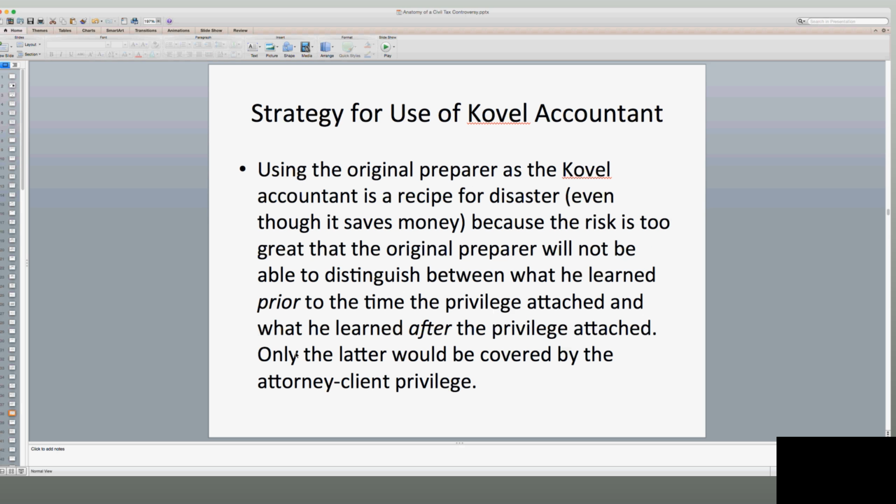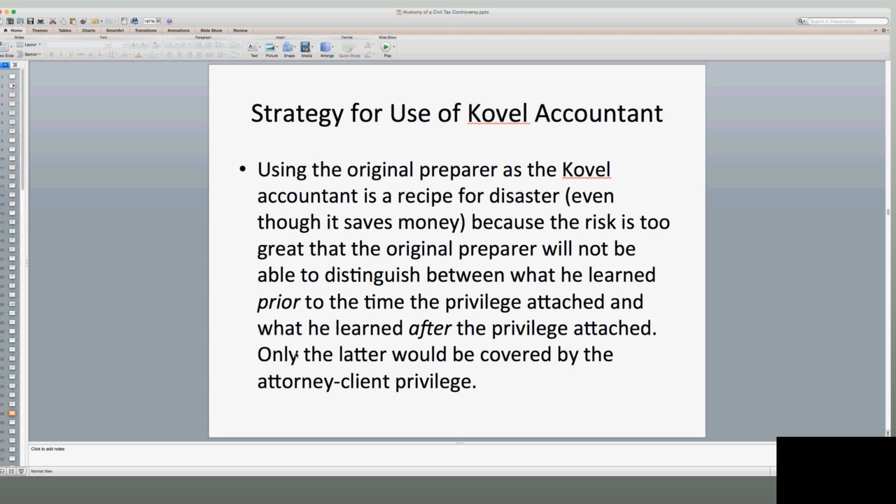So trying to distinguish between what was learned pre-Kovel versus post-Kovel, I can tell you, is a nightmare, and the IRS knows that, and they exploit it to the highest degree whenever you are challenging a summons and the IRS is demanding that you turn over information.